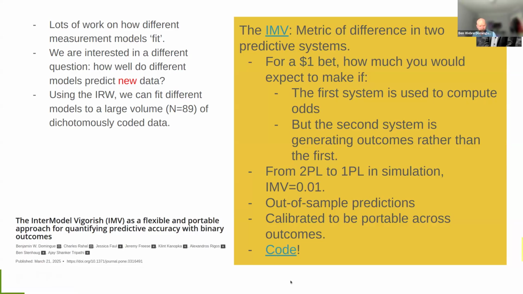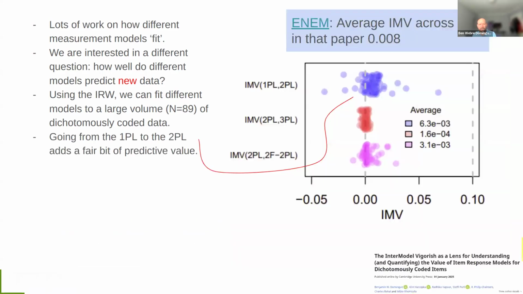But let me tell you about how this worked in our psychometric analysis. When we looked at the 89 data sets, we saw in general that going from the 1PL to the 2PL, so fitting a more sophisticated model, really did add a fair bit of predictive value. The average was in the neighborhood of what we saw in simulation.